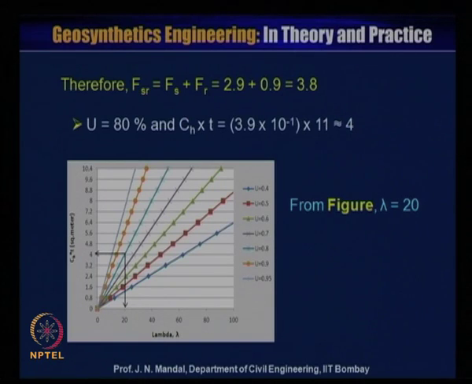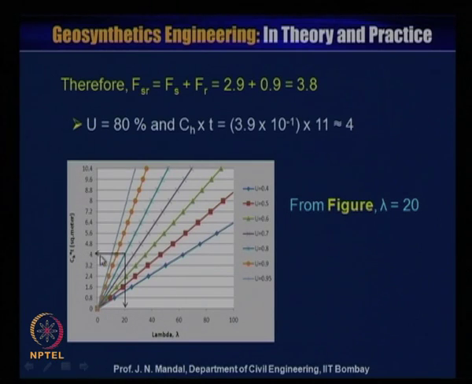So now U is equal to 80% given, and CH into T is 3.9 into 10 to the power minus 1 into T, where T is equal to 11 months. So that is approximately, let us say, 4. From this design chart you can calculate this lambda. You know U is 80%, and CH into T is 4.